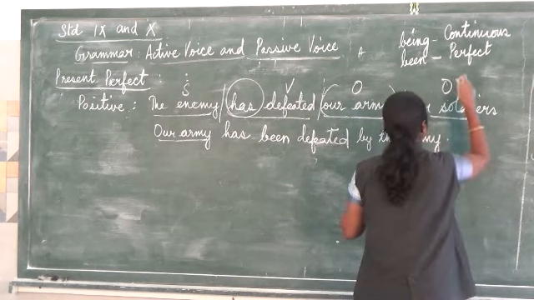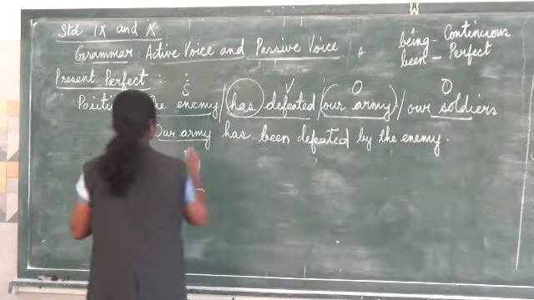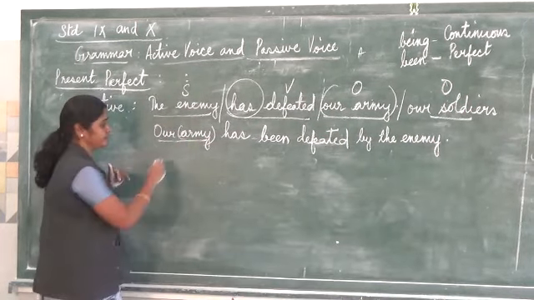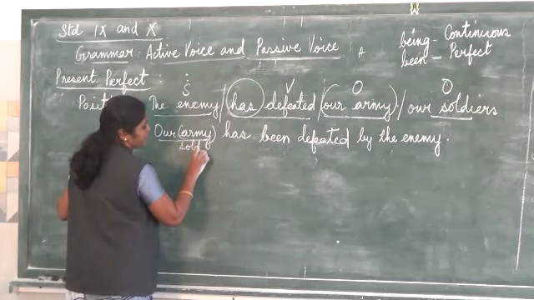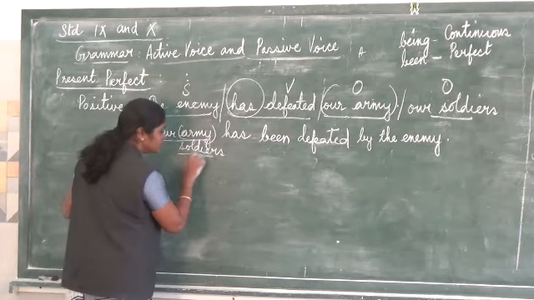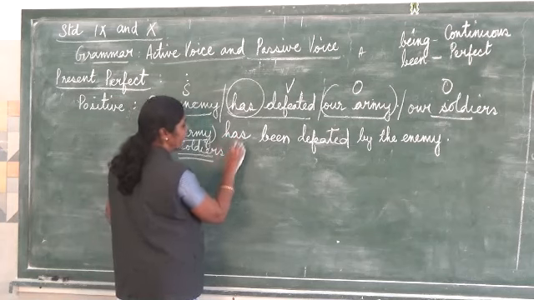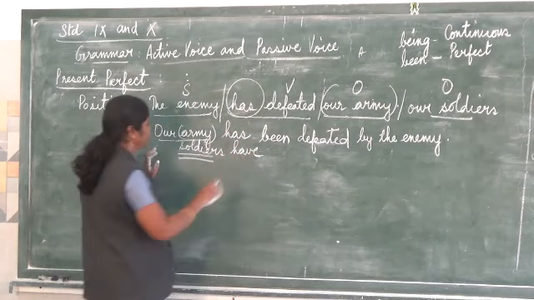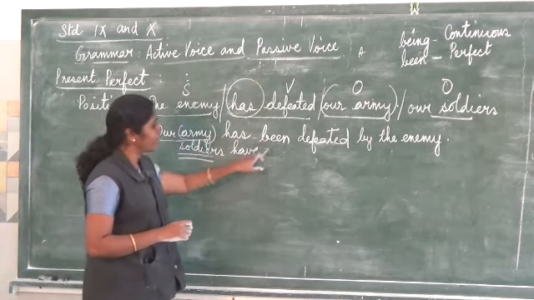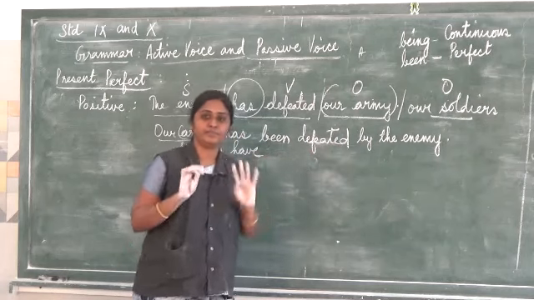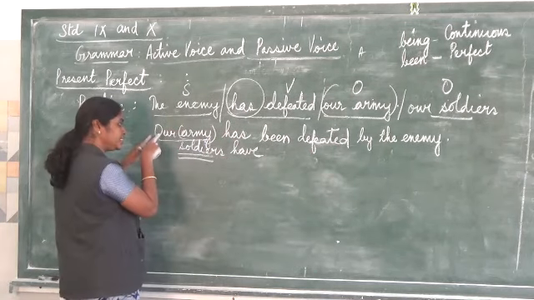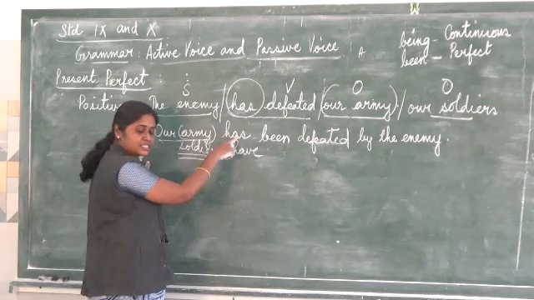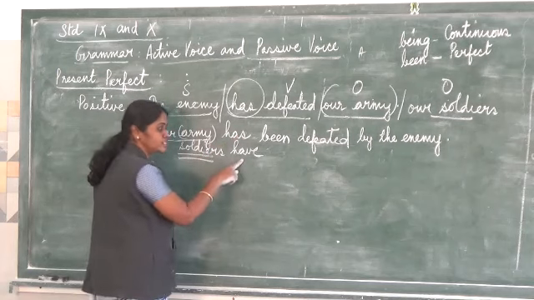This is the object here. Now if you see the soldiers, it is plural. Just because this is plural, you should not use has, you have to use have. Our soldiers have been defeated by the enemy. Okay, so if the subject is singular, you will use has. If the subject is plural, you will use have.